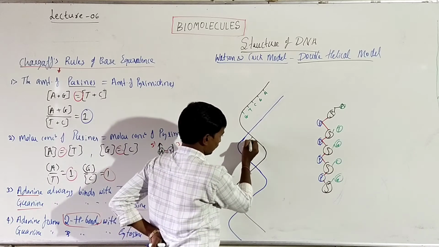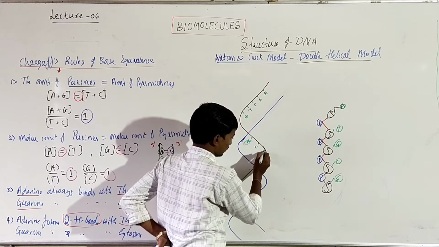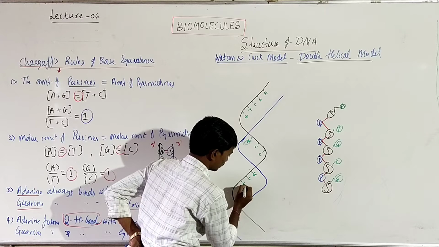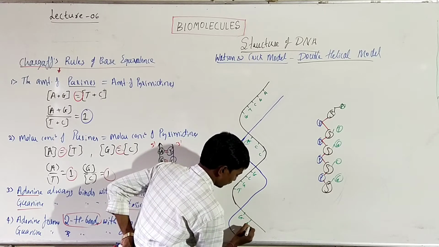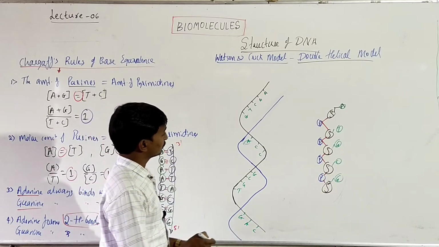For this strand, adenine, cytosine, guanine, thymine, guanine, adenine, cytosine, like that. Okay, next.